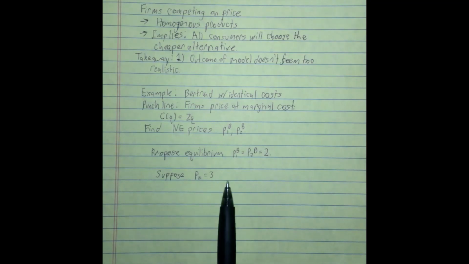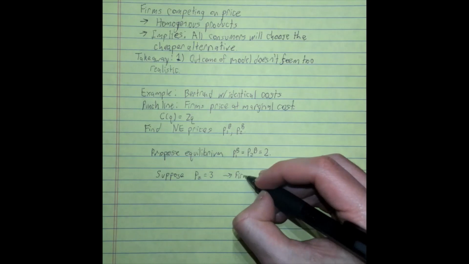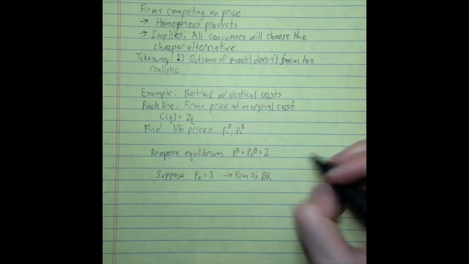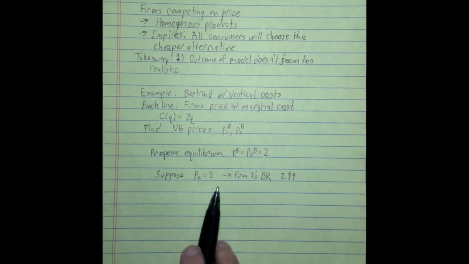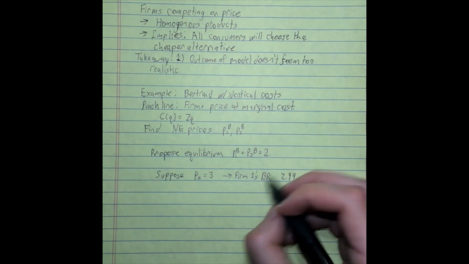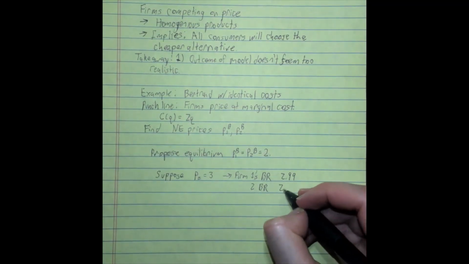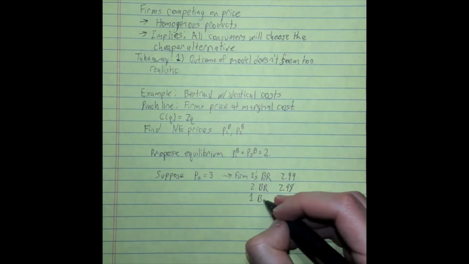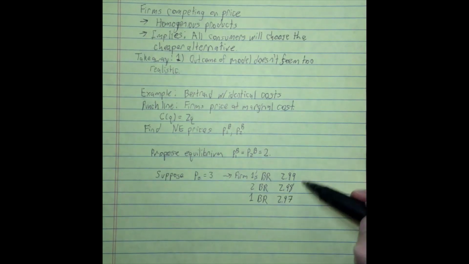Well, firm 1's best response is to price at $2.99. But then firm 2's best response is $2.98, and firm 1's best response would then be $2.97, and so on and so forth.